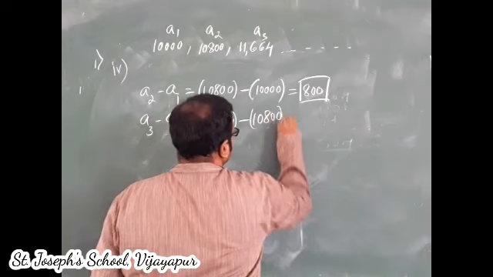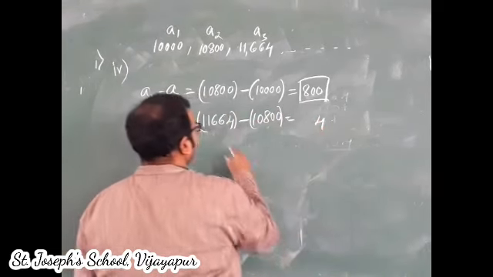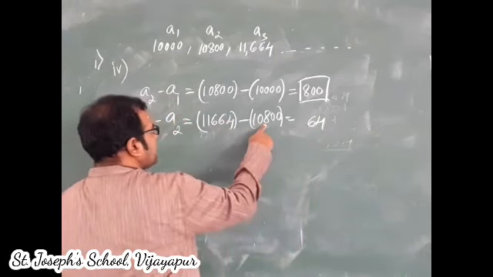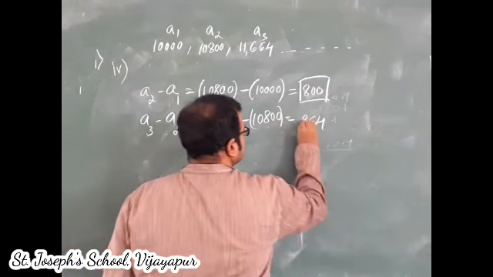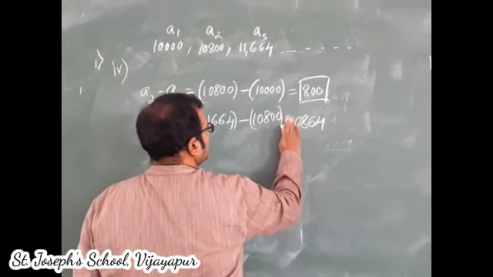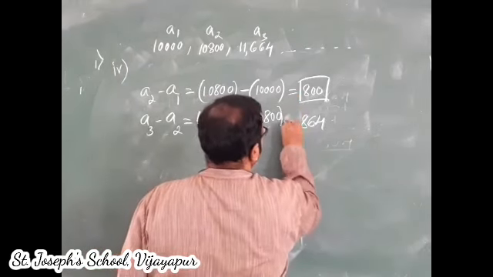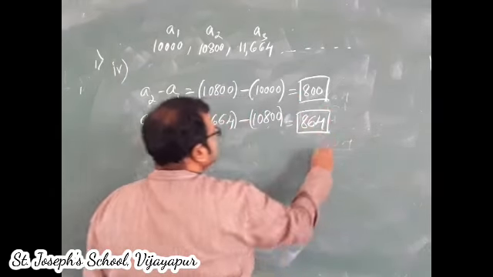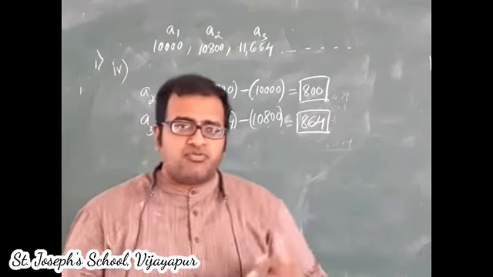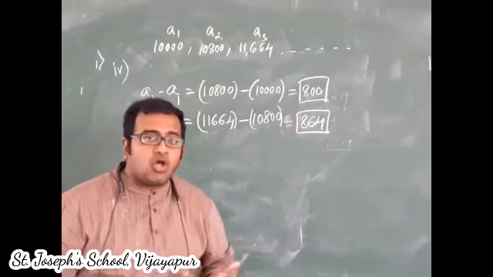The difference: 4 minus 0 is 4. 6 minus 0 is 6. 16 minus 8 is 8. 0. 0. Fine. So your answer is 864. We do not have to inspect further because you can directly see the two differences are not the same.